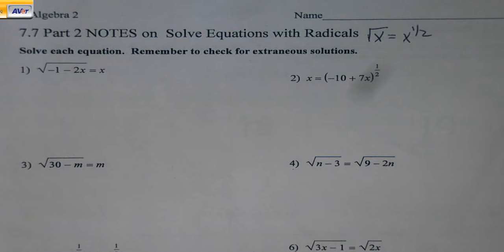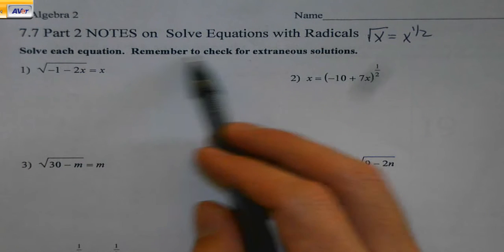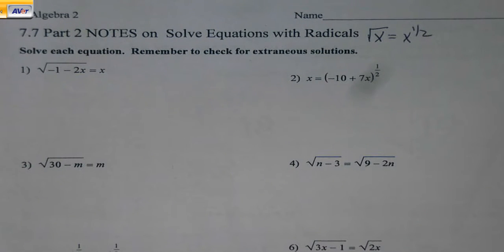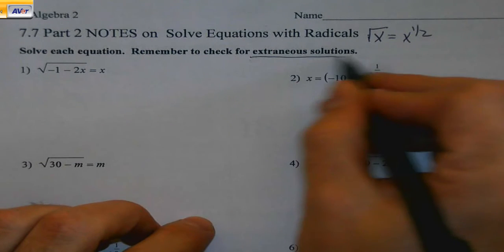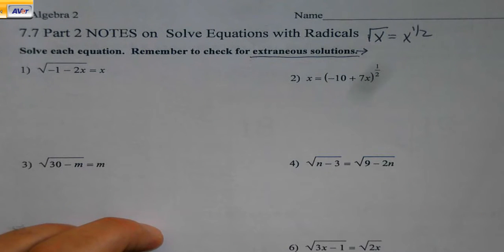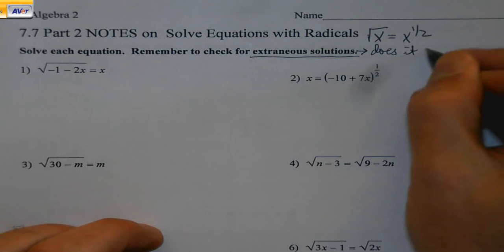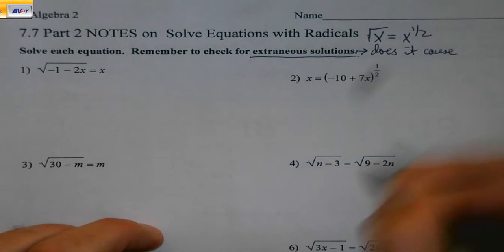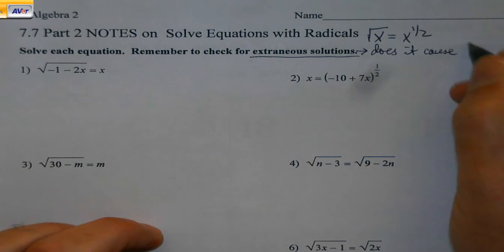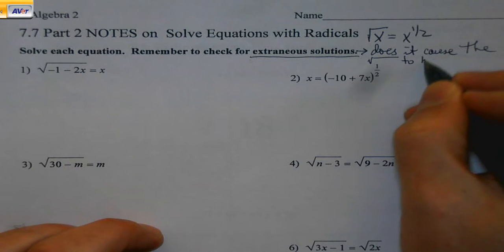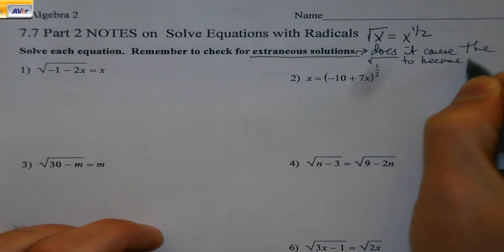Now, the other part before we jump in on the first one, I guess I'll call it a warning. Remember to check for extraneous solutions. Remember, that's when we've done all the math work right, yet our answer isn't quite clicking. So what's an example of that going to be as we're looking at these? Well, does it cause the radical to become negative?